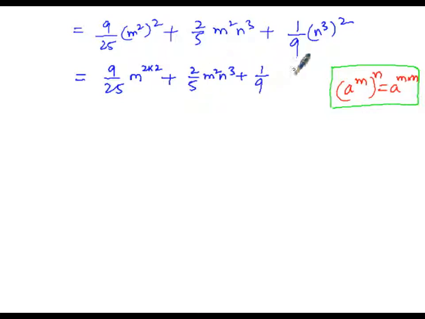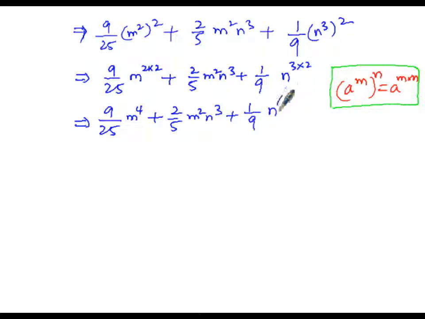Here also we have to apply the same principle, that is n to the power of 3 must be multiplied with 2, so 3 into 2, based upon this identity (a power m) whole power n is equals to a power m into n. So that implies 9 by 25 m to the power of 4, plus 2 by 5 m square n cube, plus 1 by 9 n to the power of 6.